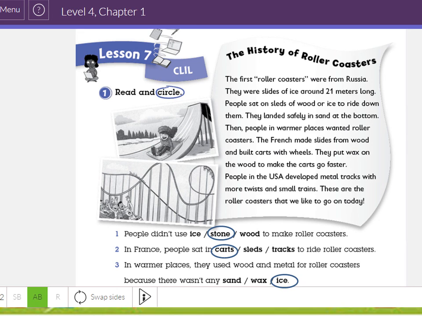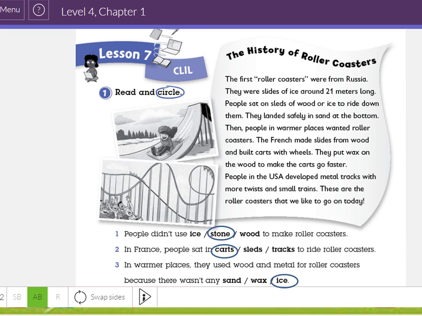And number two, look at number two. In France, people sat in carts, sleds, or tracks to ride roller coasters. Which one is your answer? The right answer is: in France, people sat in carts to ride roller coasters.